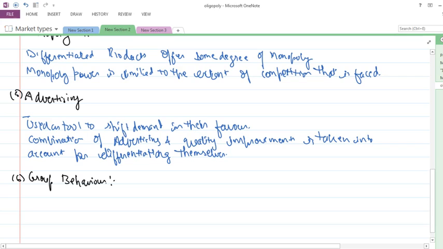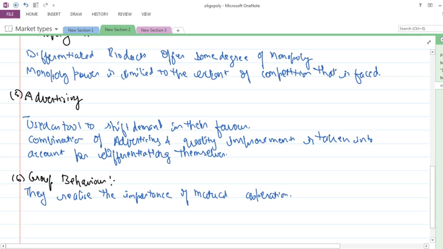The next, that is the sixth feature of oligopoly market, is group behavior. Under group behavior, a firm recognizes their interdependence on each other and realizes the importance of mutual cooperation.